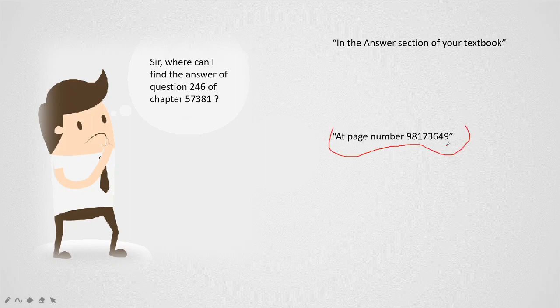If you go to this page, you will find the answer, no doubt. But the first is not specific. There are many pages in the answer section. I'm not telling which page you will find. I'm just telling you to go to the answer section, and of course you will find it. But in the second case, I'm telling him that you will find it at this specific page.